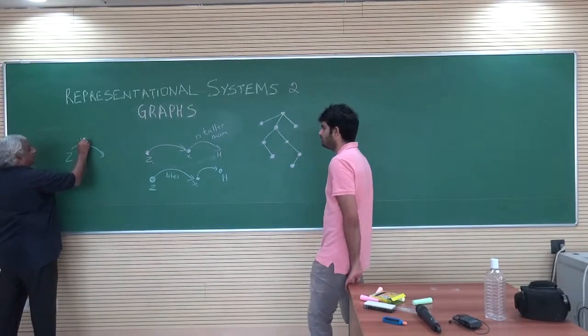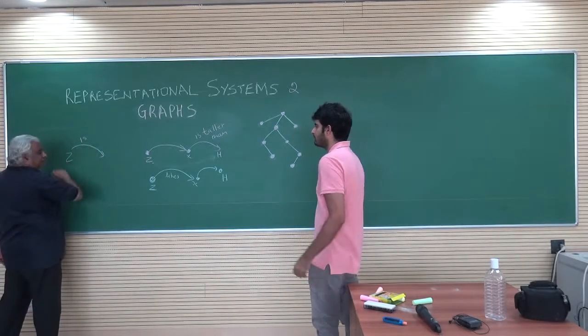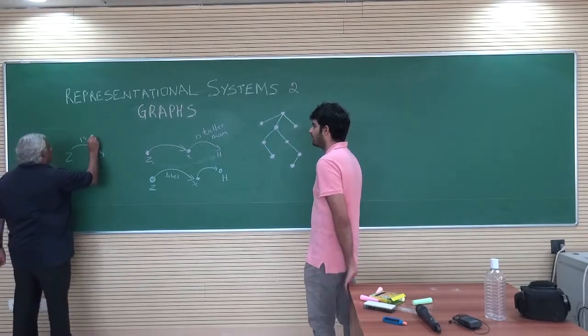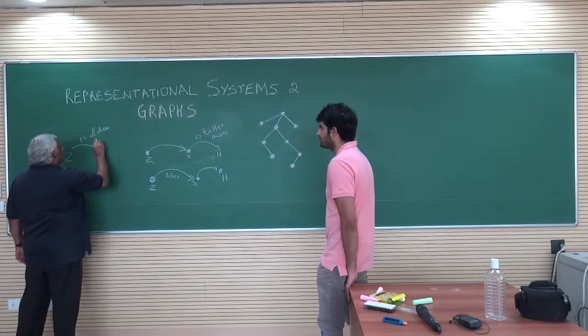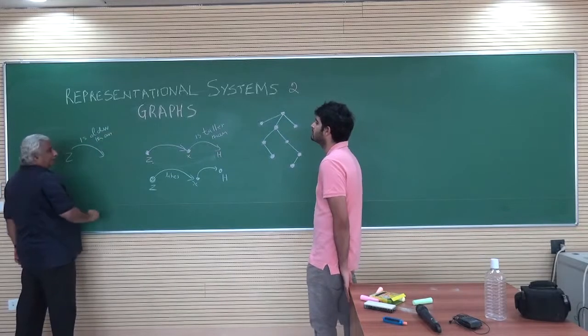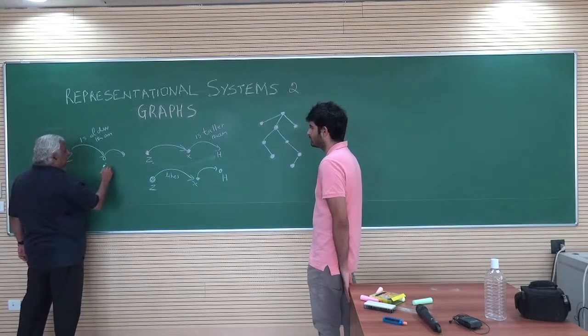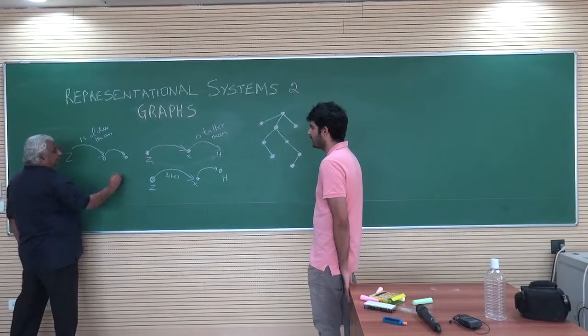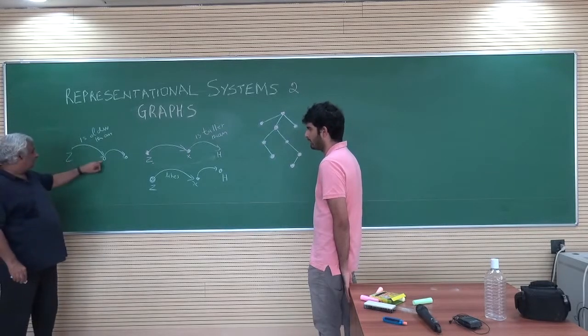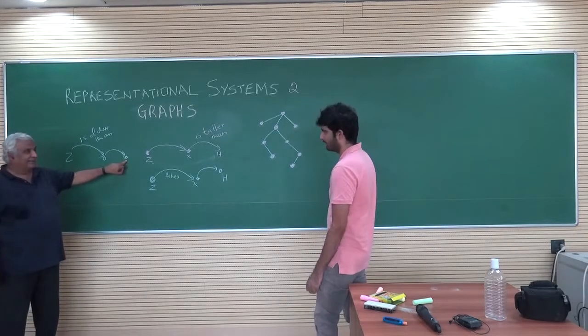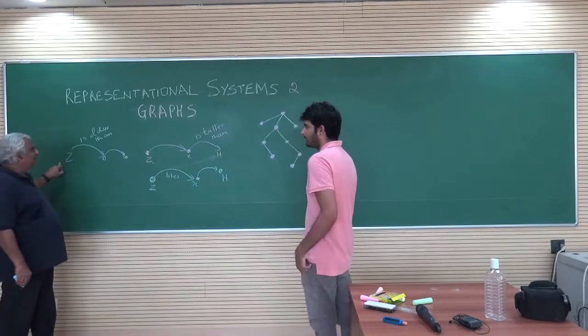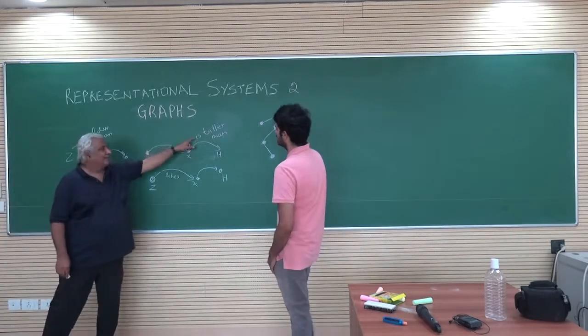Suppose I say this means "is older than." And if I do this, you get the same thing, right? If Zam is older than Zina and Zina is older than Hercules, then Zam is older than Hercules. So this and this are the same.